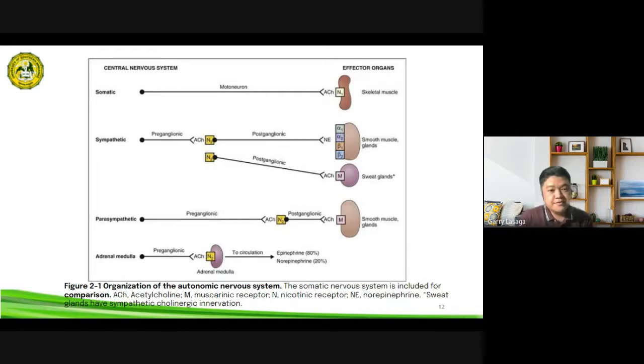So makikita ninyo sa figure na yung ating preganglionic nerve ng ating sympathetic at saka yung ating preganglionic nerve ng ating parasympathetic, it releases or it secretes acetylcholine. No, the same is true for the postganglionic nerve of our sympathetic when it will act on the sweat glands, and of course our postganglionic nerve of our parasympathetic acting on different sites.